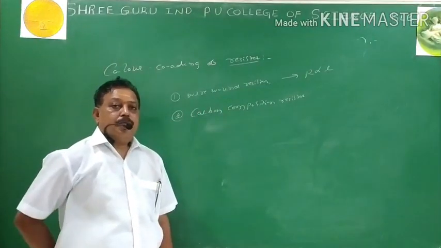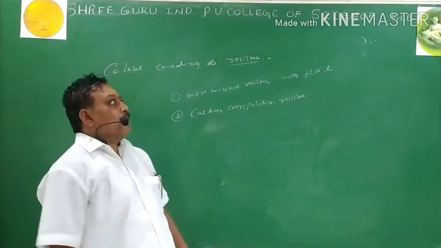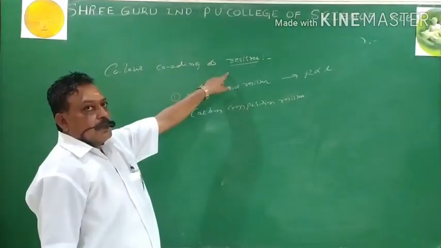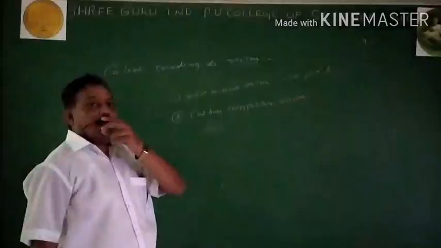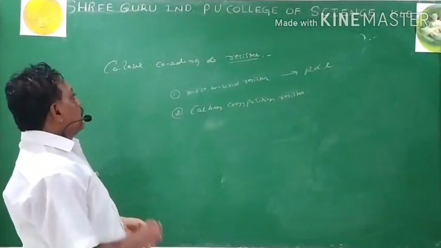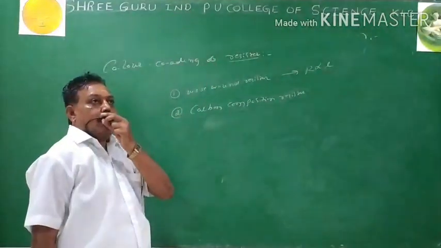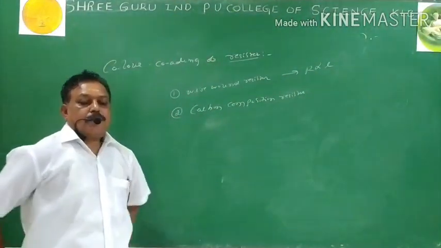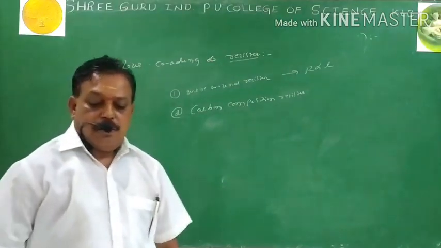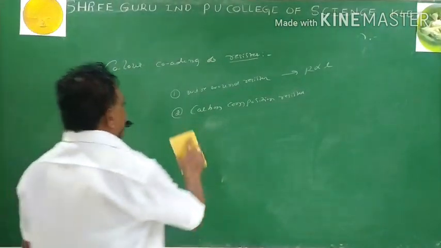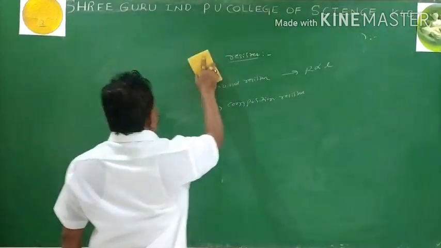To know the value of the resistance, certain color bands are marked on it. By reading those color bands, we identify the value of the resistor. Then how to read the color bands? To read the color bands and recognize the value of the resistor, we have a hint.